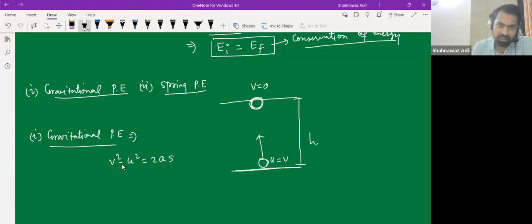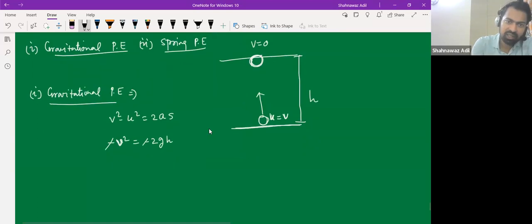So v is 0. So this is minus u square, or let me write it as minus v square, because I have projected or thrown it with speed v. So minus of 2g and h. So this part cancels, right?